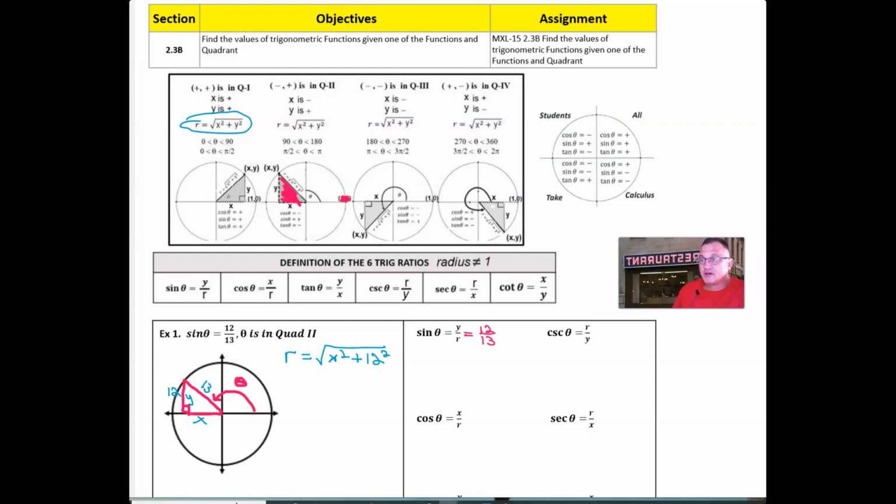Now I want to solve this, so I'm going to square both sides to get rid of that square root sign. I'm going to have r squared equals x squared plus 144. Sorry guys, that shouldn't be an r, that should be a 13, because that's what r is. And 13 squared is 169.